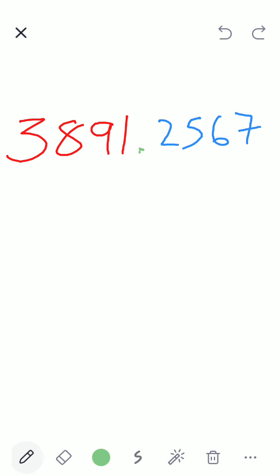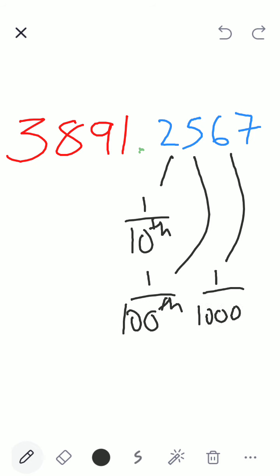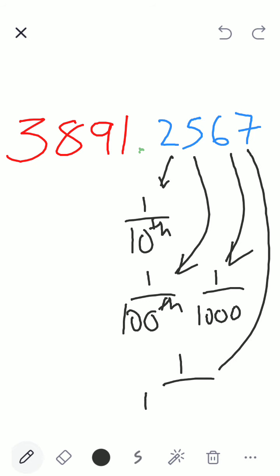Okay. So this first position is called 1 by 10. Second position is called 1 by 100. Third position is called 1 by 1000. This is called 1 by 10,000.